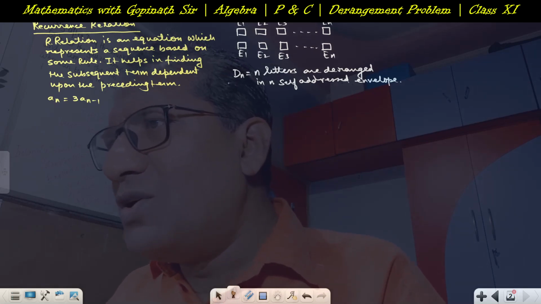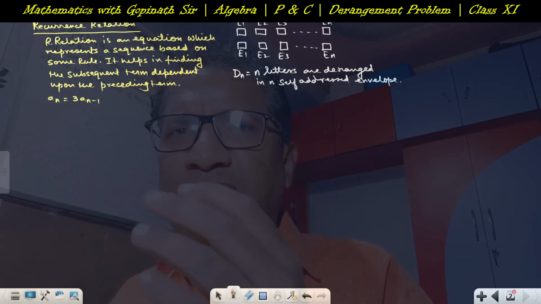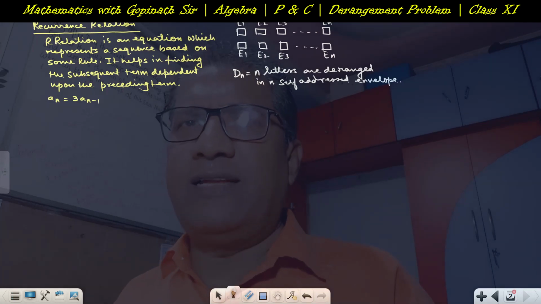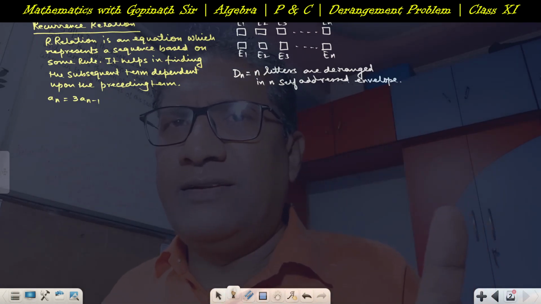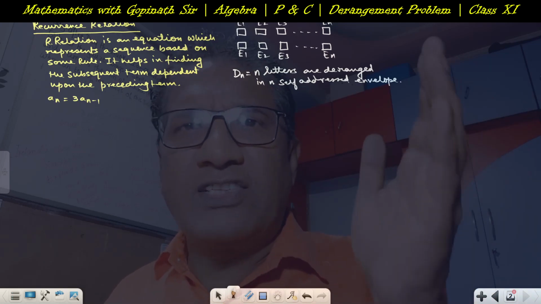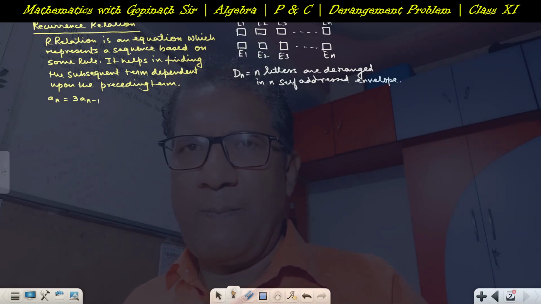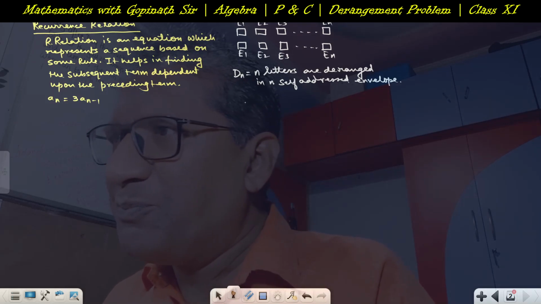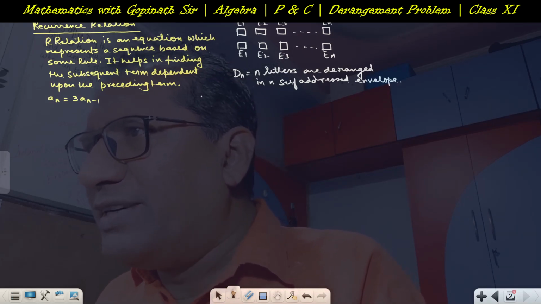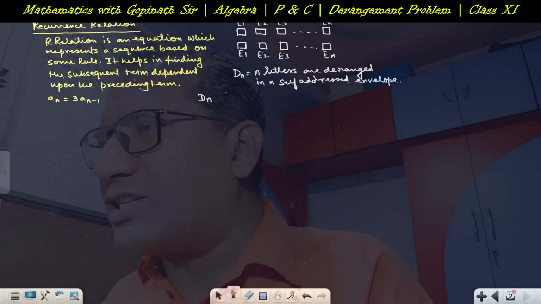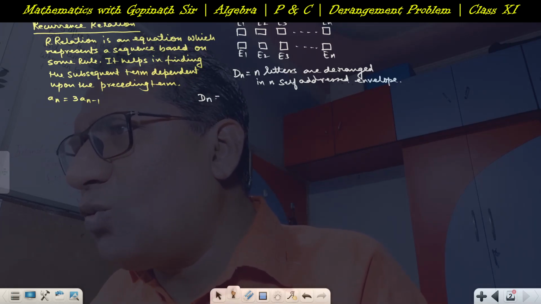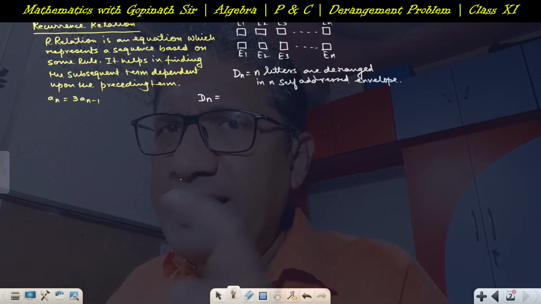Now this Dn, I have to form an equation involving Dn and a combination of the previous terms. How to do that? Dn represents n letters that are deranged. Now, think about it.